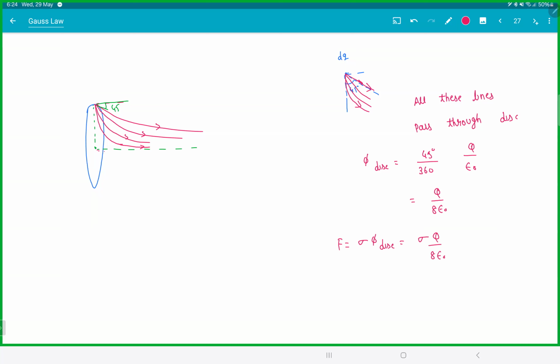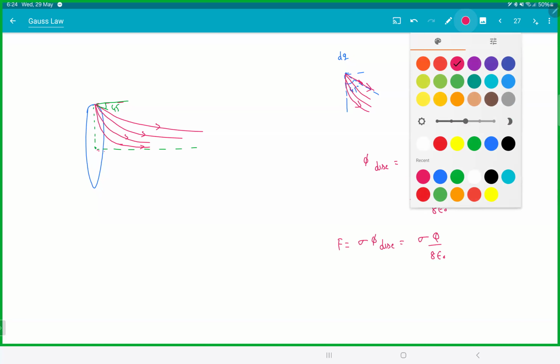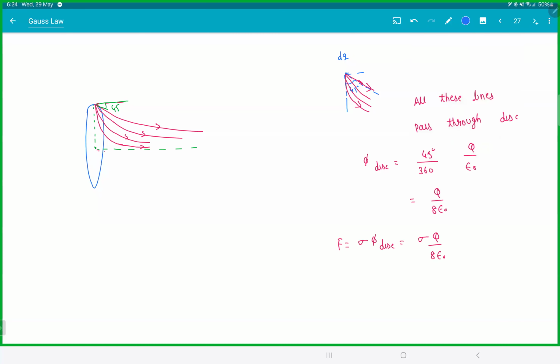What is the field along the axial line? For a ring, what is the field along the axial line? So at this point, how is the field? This way, right? Means what? All these lines are becoming like this, isn't it?